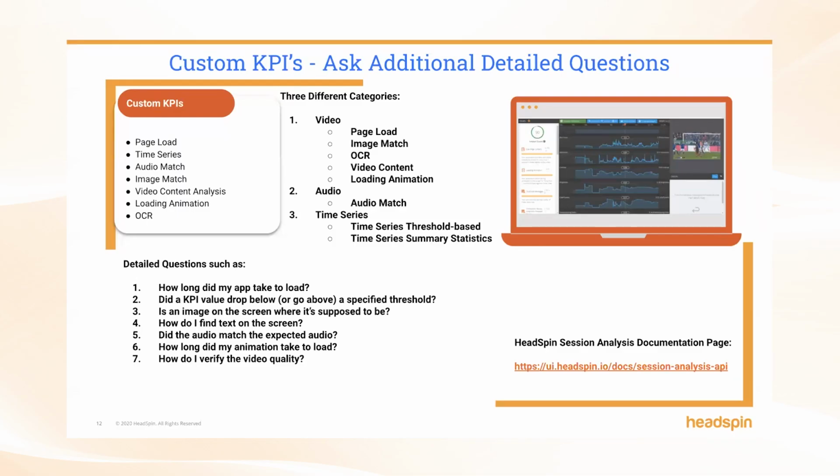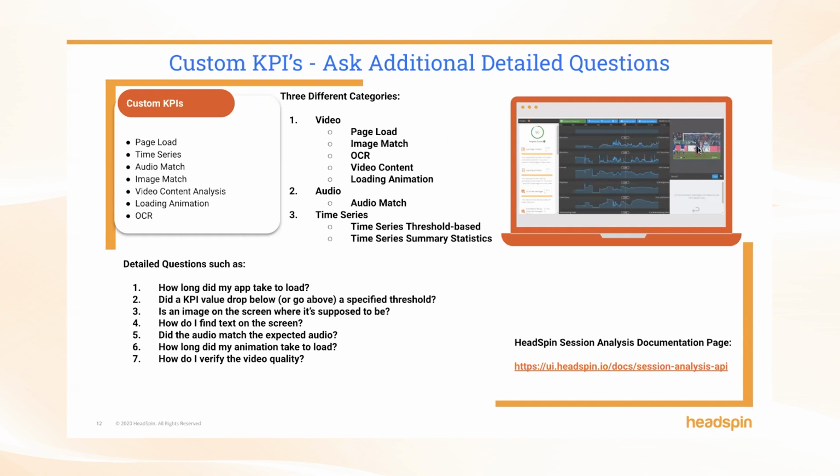Basically we have 3 different categories for these custom KPIs. You can see it right here in the middle, where the bulk of it is looking at the video. We're looking at the session that you created while working with a device as an end user.